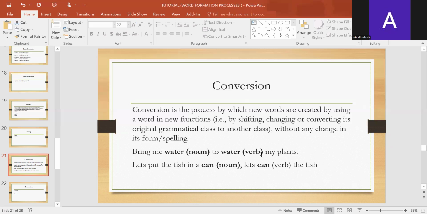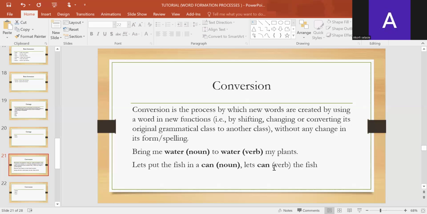Water in this case is a noun, the first one, then to water is a verb. Let's put the fish in a can, is a noun. Let's can the fish, is a verb. So this is what we call conversion. You convert one word from a part of speech to another to function in a different domain.